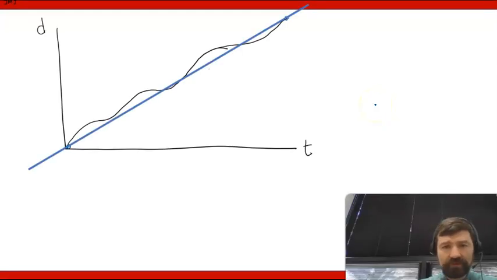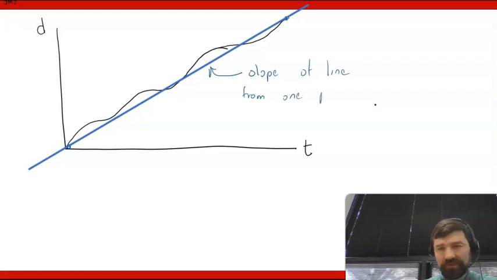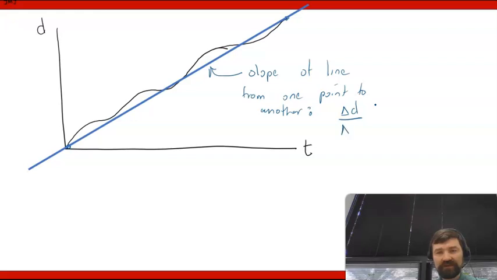All right, so the slope of this line, slope of line from one point to another, is the average speed in this case. So this would be delta of whatever's on the y-axis, which is d, divided by delta t, and by definition that just is the average speed.